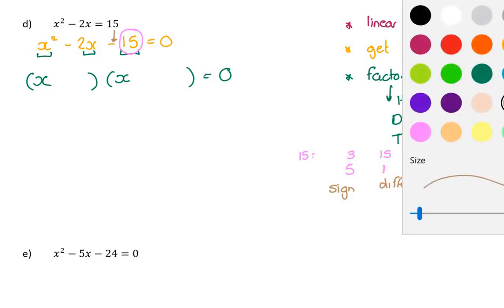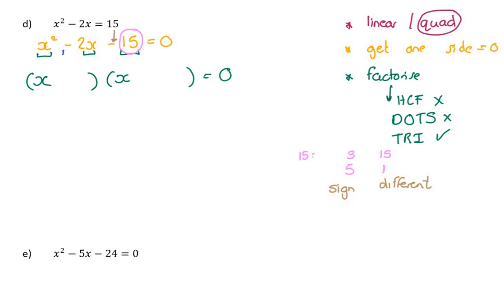Now, which option do we pick? We look at the middle term. I need the middle term to be minus 2. So which one of these can combine? It's definitely going to have to be 5 and 3. So I'm going to put 5 and 3 in. Who's the plus and who's the minus? Well, you want these two to add to give you minus 2. So it's minus 5 and plus 3.